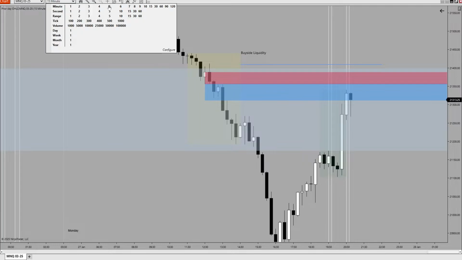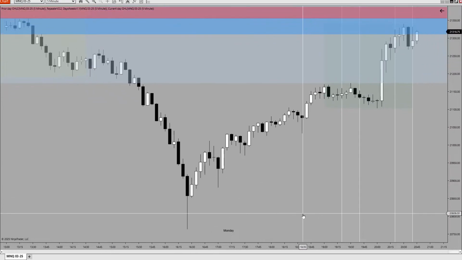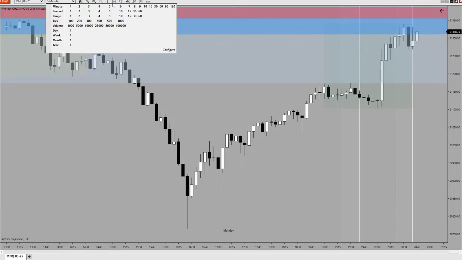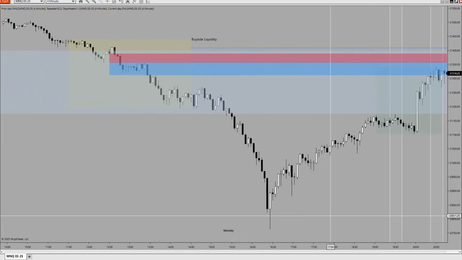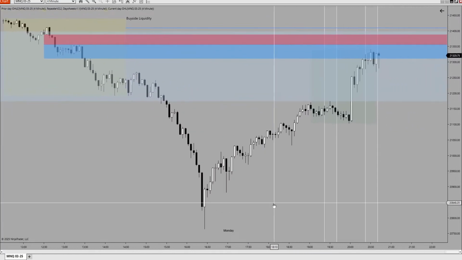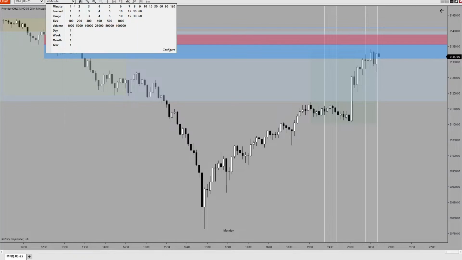Let's see how price has reacted on the lower time frames. They're relatively equal highs. And on a 4-minute basis, you can see there is a small fair value gap there.